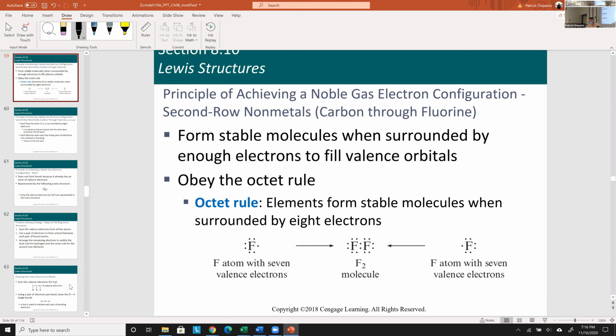So there are 2 types of electron groups, and we're going to be using this term a lot when we get into shapes. Electron groups: there are lone pairs and bonded pairs.